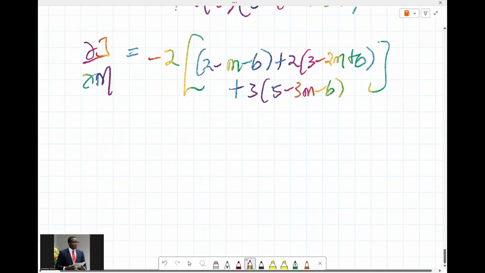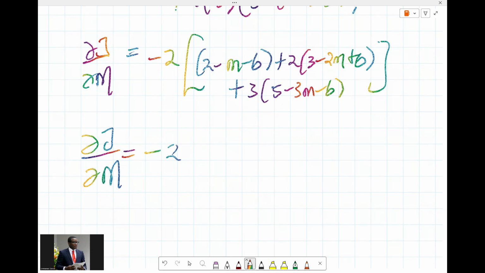So partial j, partial m is now equal to minus 2 into 2 minus m minus b plus 6 minus 4m. Okay, yeah, thankfully I quickly caught this. This should be minus b, so this is minus b here.